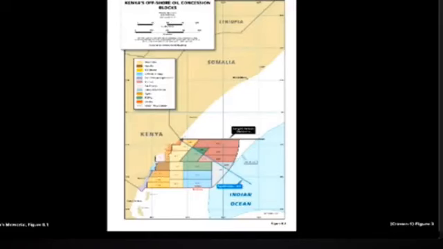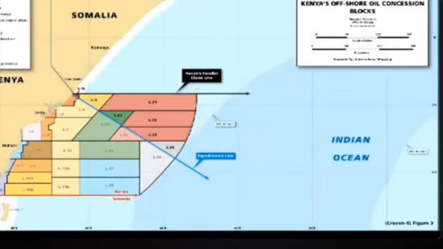Those activities took place after the dispute between the parties had crystallised. As the graphic on the screen illustrates, in the period immediately prior to Somalia's application to the court, Kenya awarded no fewer than 7 oil concession blocks in the disputed maritime area to at least 5 oil companies.